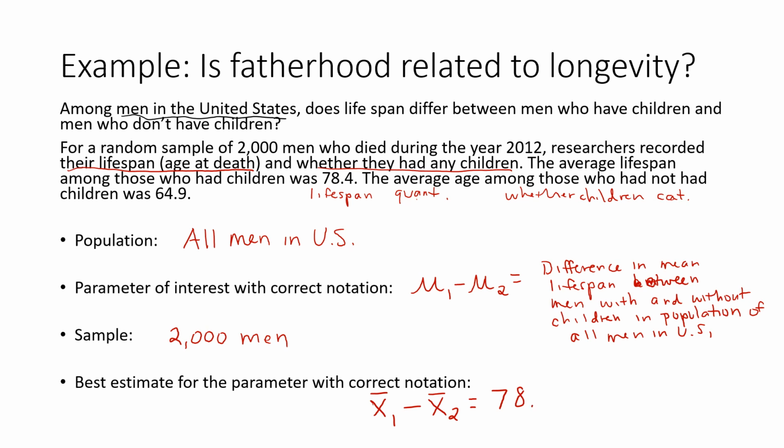The mean from the men with children was 78.4. The mean among those without children was 64.9. And so as we look at the difference here, we get a difference in means of 13.7 years. And that is our best estimate.